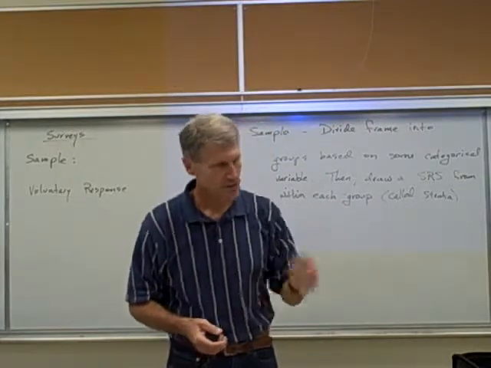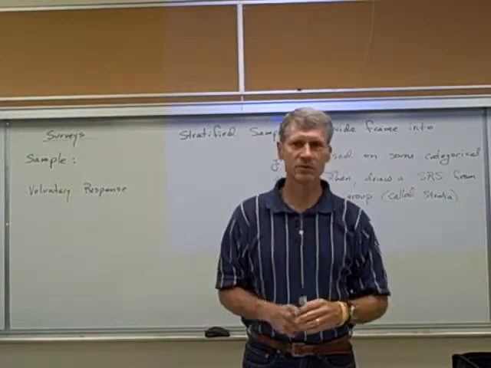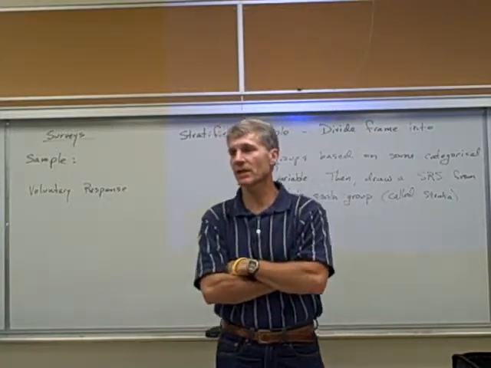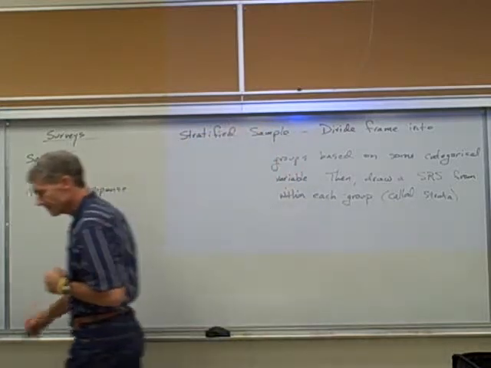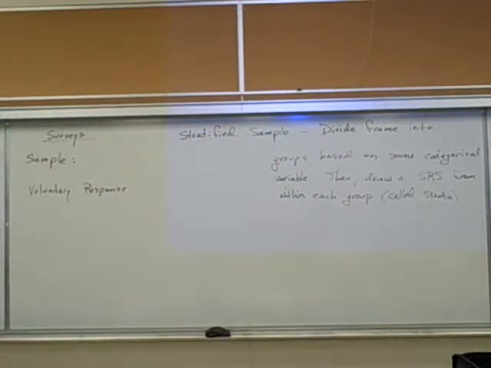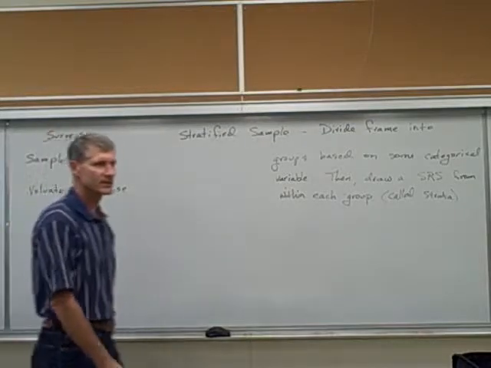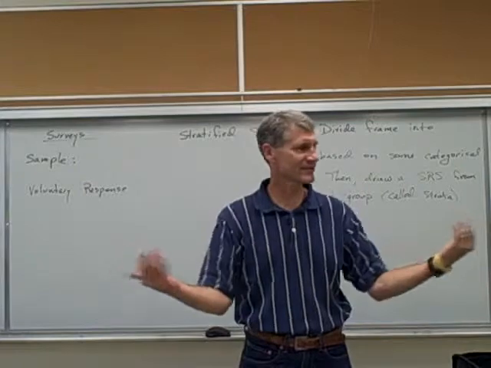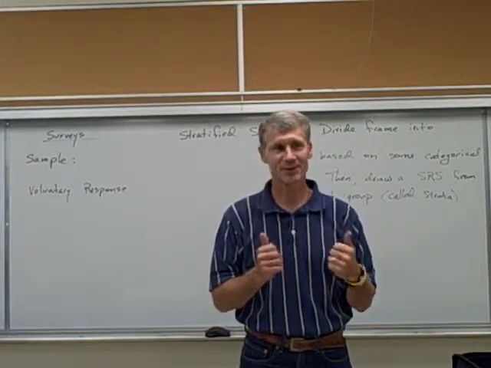Okay? So here's a quick example where you might use a stratified sample. Suppose I was interested in doing a research study on how well you do in my class based on where you sit in the classroom. Because here's my theory. My theory is people that sit up front, they're the good students.